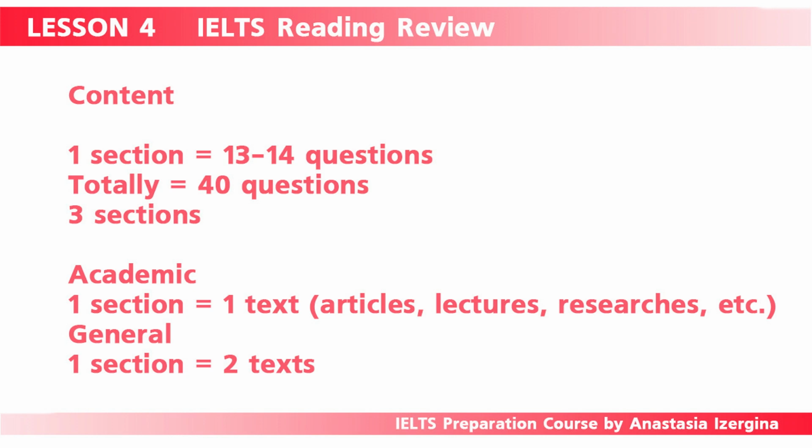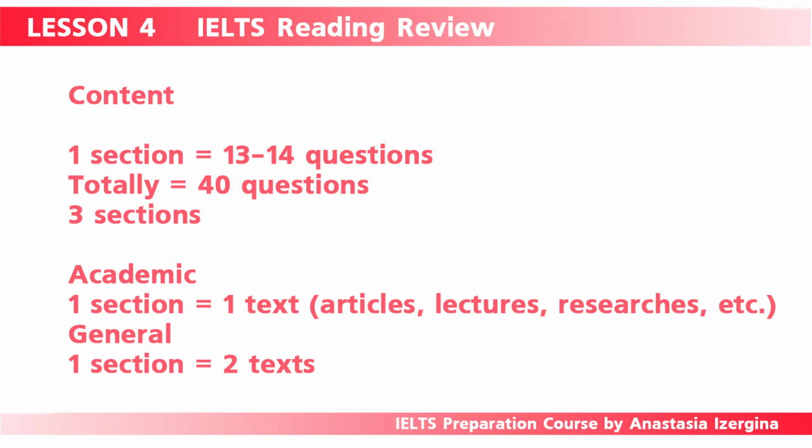As for the materials, you're going to work with 3 sections with 13-14 questions in each of them. In fact, you can start with any section, but be careful in order not to get confused during the process.